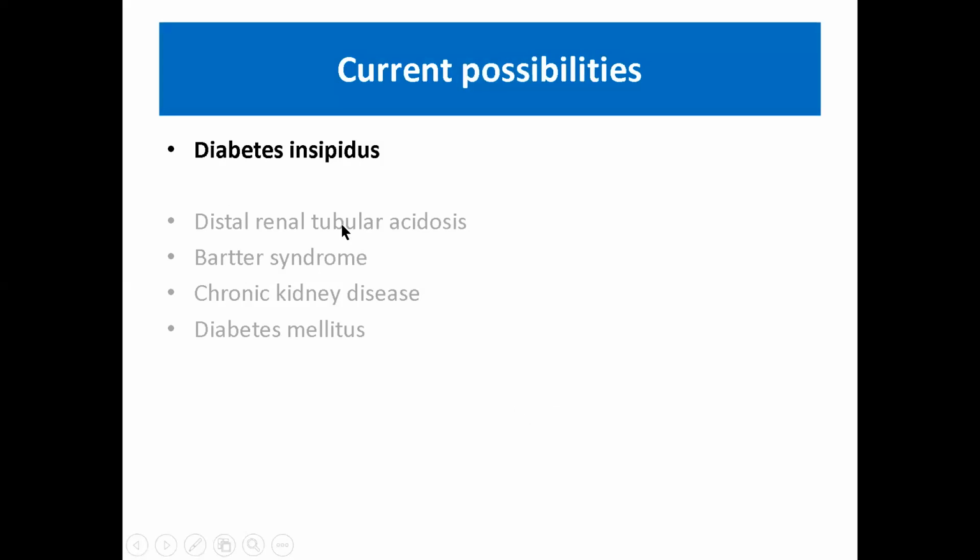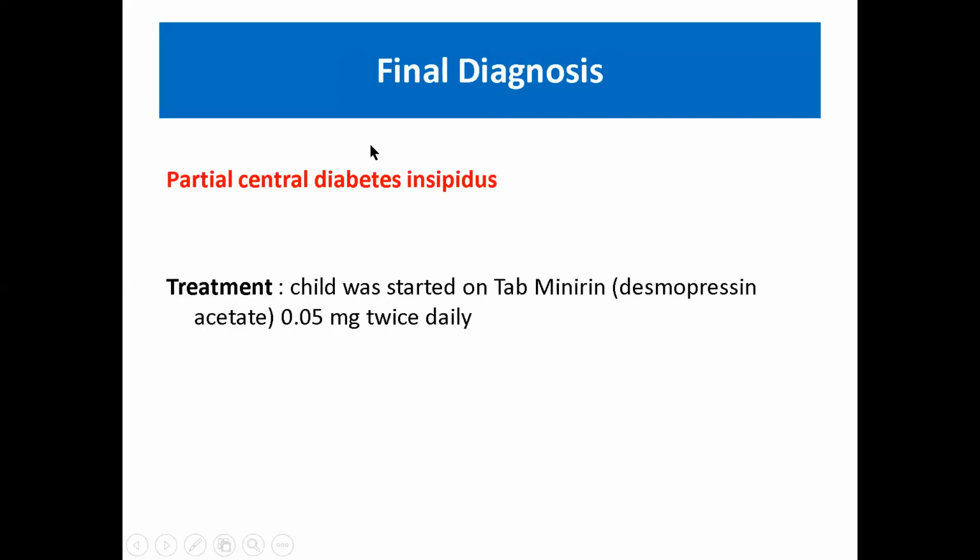So we diagnosed him as a case of partial central diabetes insipidus. The child was started on desmopressin tablets twice daily, and we saw the response in the form of normalizing of the urine osmolality and a decrease in the amount of polyuria.